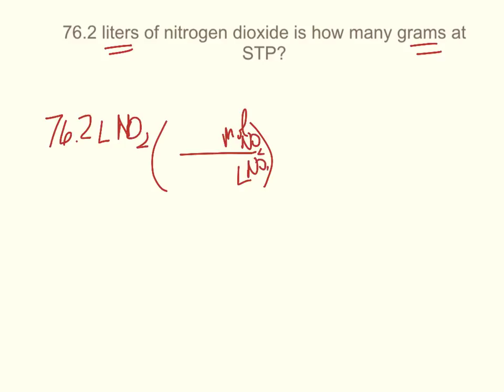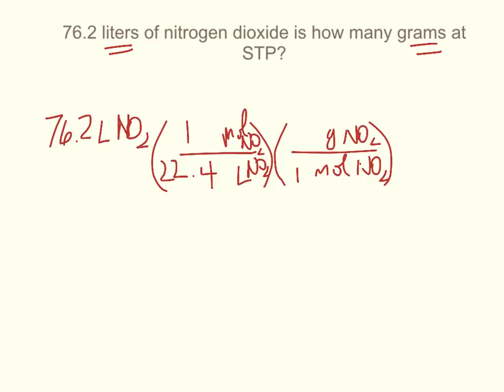So when I do my liters of NO2 to moles, for every 1 mole, I have 22.4 liters of gas at STP. I'm still not where I want to be, so I'm going to do another conversion. For every 1 mole of NO2, I need to find grams of NO2. And so I'm going to do the molar mass. If you remember, the molar mass is going to be 14.01 plus 2 times 16.00.